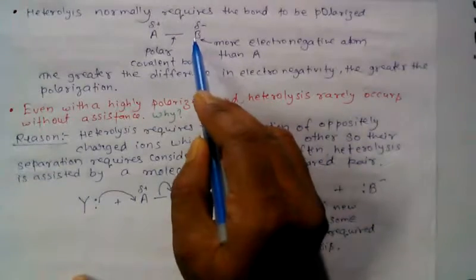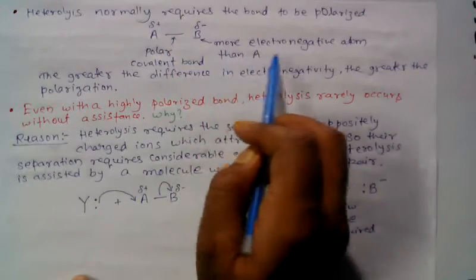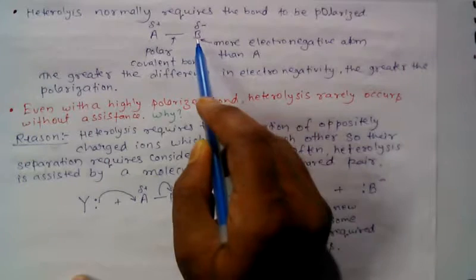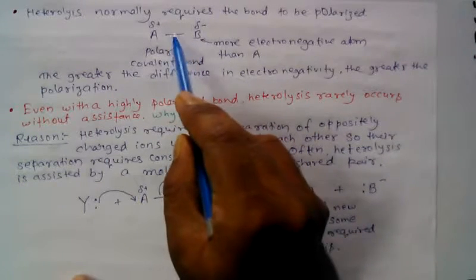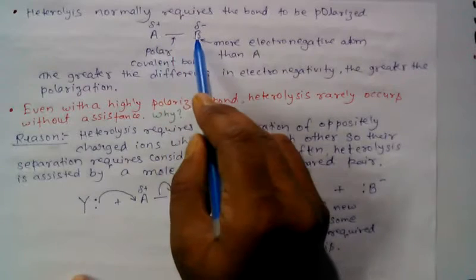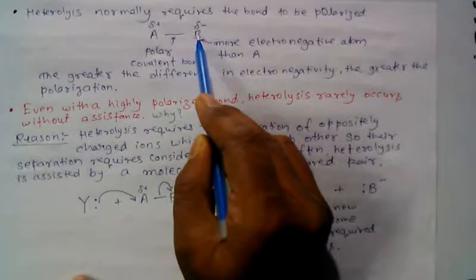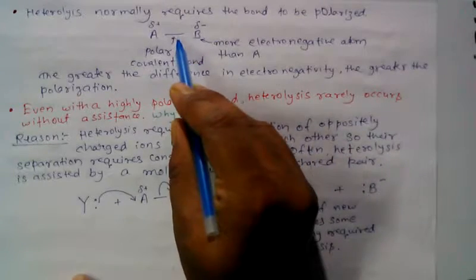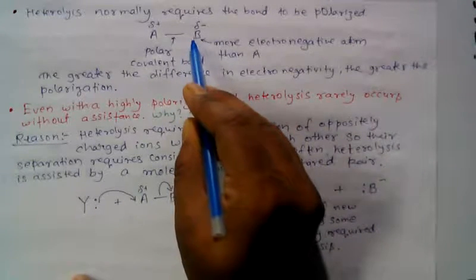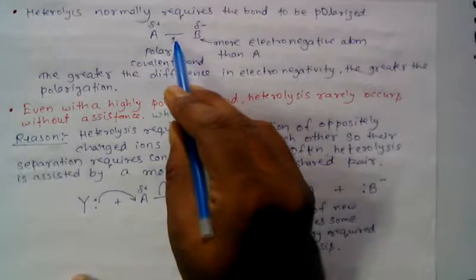Here B is a more electronegative atom than A. That means these two electrons which are shared between A and B are not equally shared. B will pull this shared pair of electrons towards itself, but not completely, just slightly.